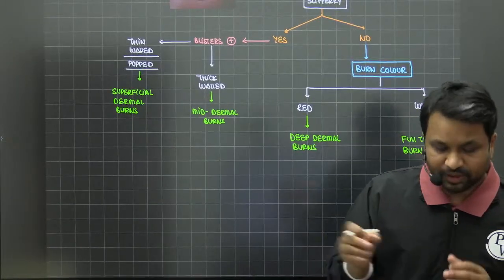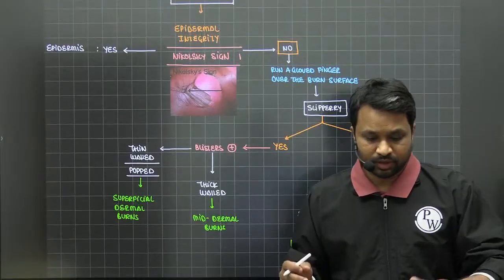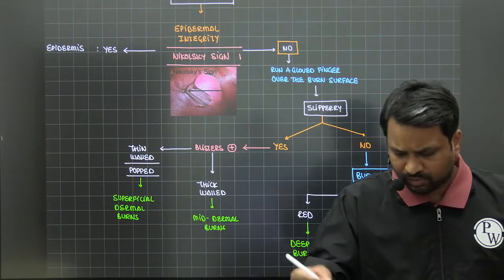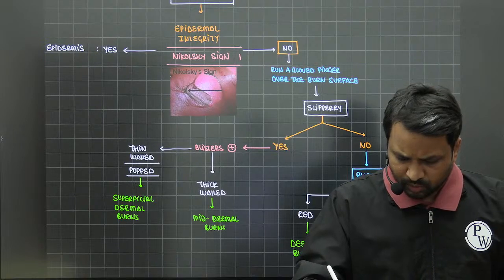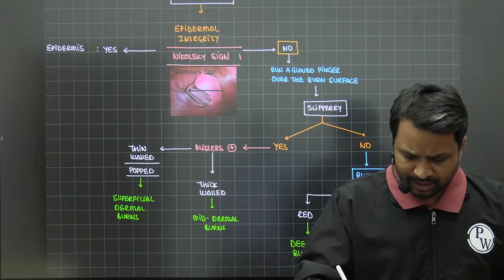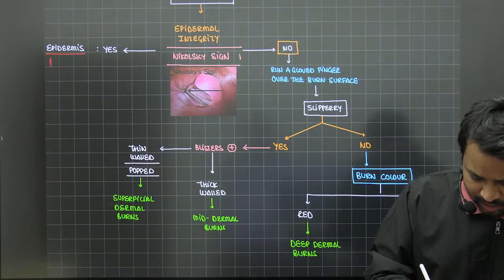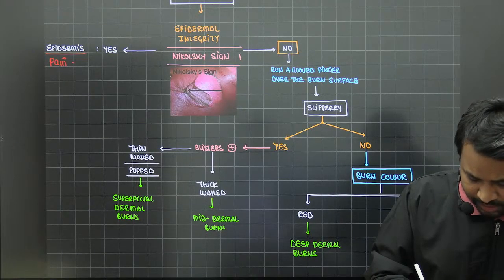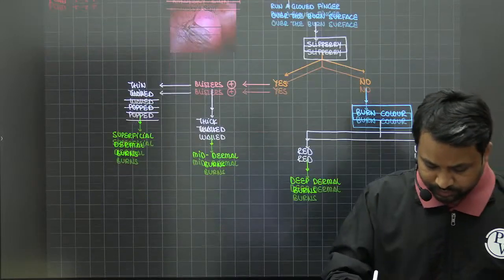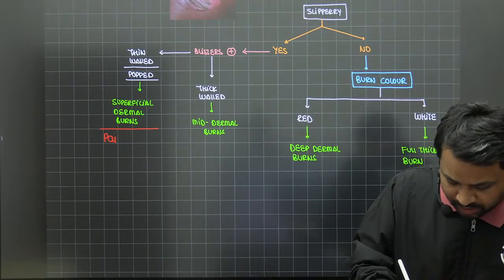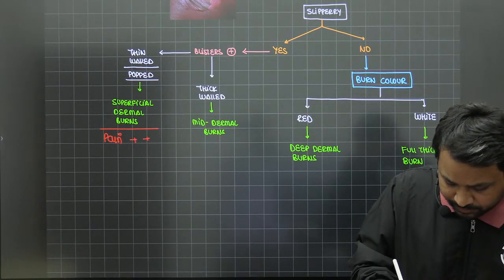Now, when you look at all these components, another very interesting way to differentiate the depth of the burn is to look at the component of pain. Epidermal burns will be severely painful. Superficial dermal burns will also have severe pain.